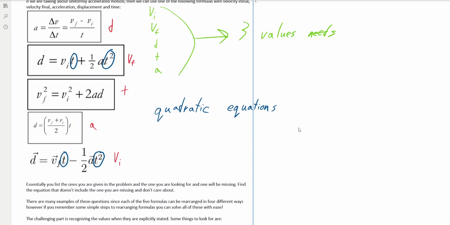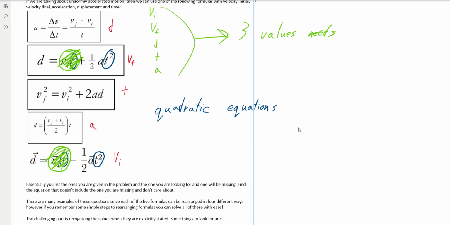Now you can solve for time, however, if velocity initial is 0, because if velocity initial is 0, this whole thing disappears, and now it's a very easy quadratic equation to solve. Also, if velocity final is 0, same thing happens here.